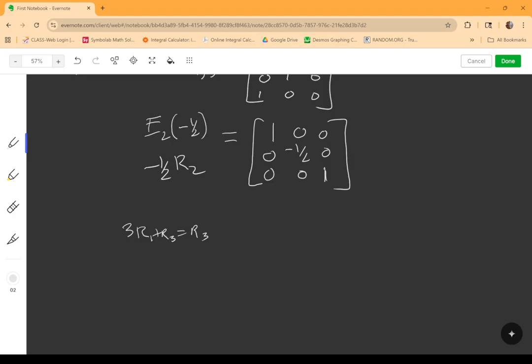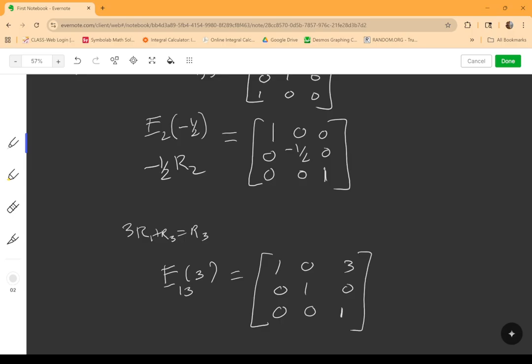Now if you wanted to represent this row operation, we have E 1,3, so this is the notation that we use. What that looks like here, it would look like this.